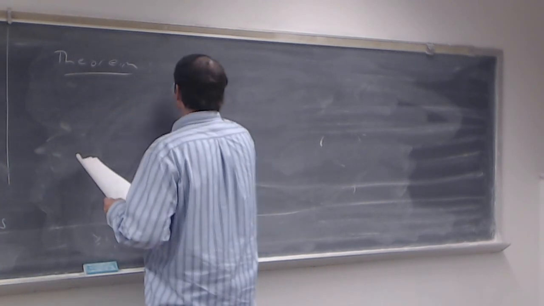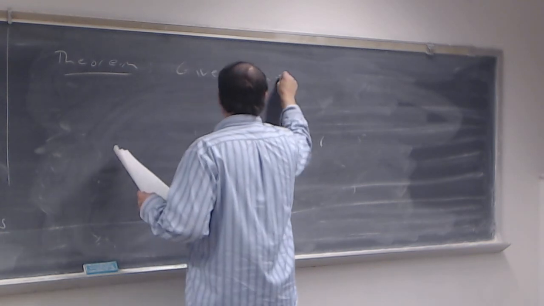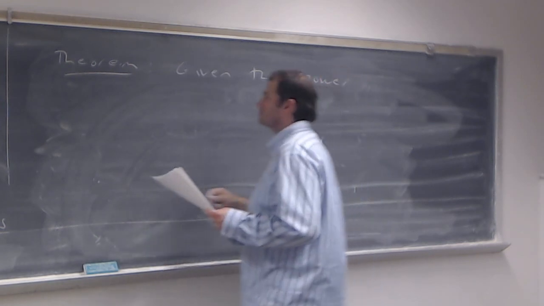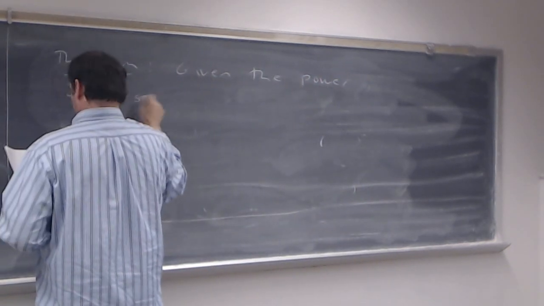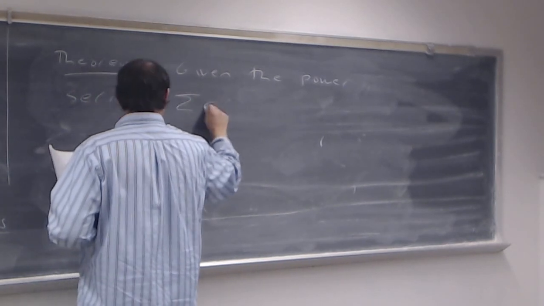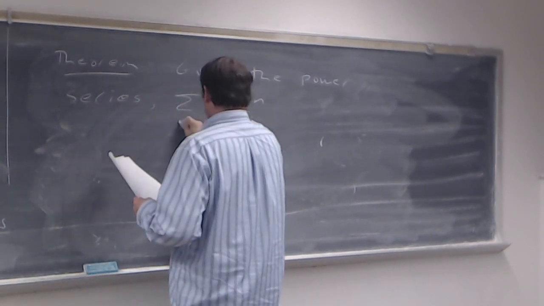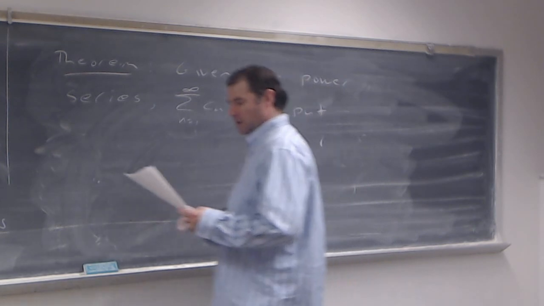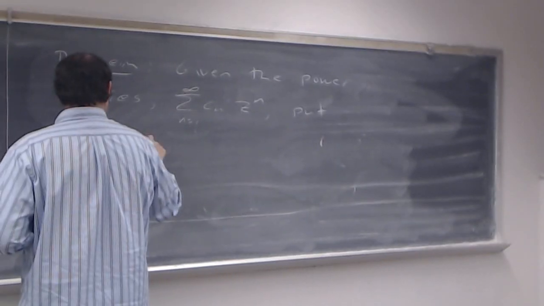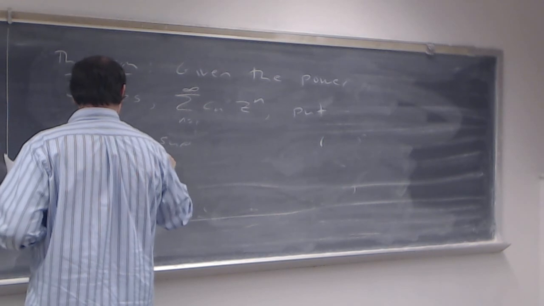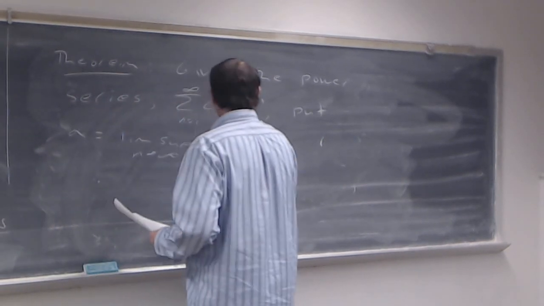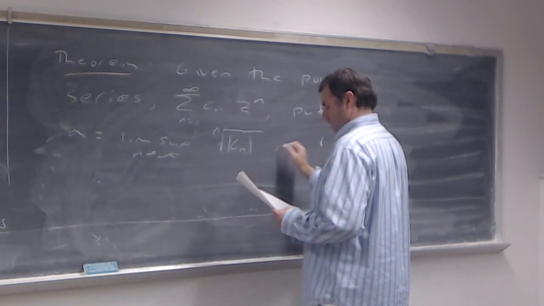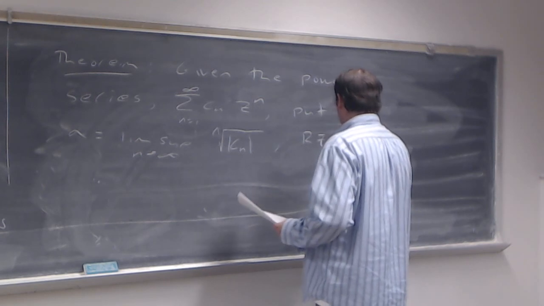It says, given the power series sum C sub n, z raised to n, we put alpha equal to the lim sup as n runs to infinity of the nth root of the absolute value of C sub n, and r is going to be equal to 1 over alpha.